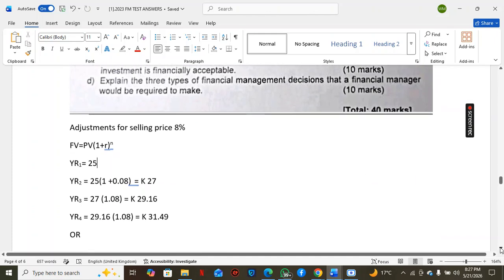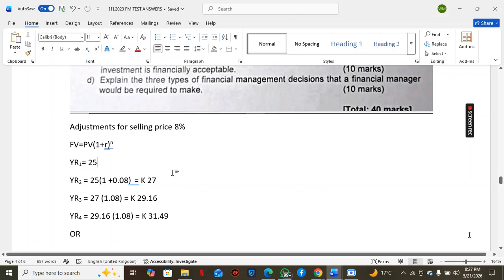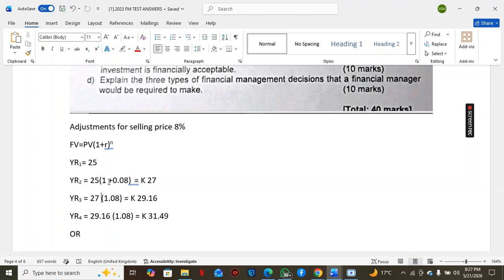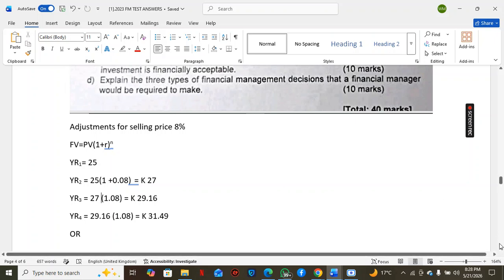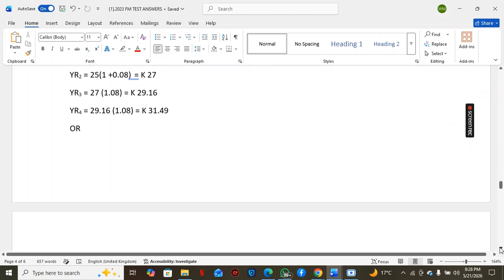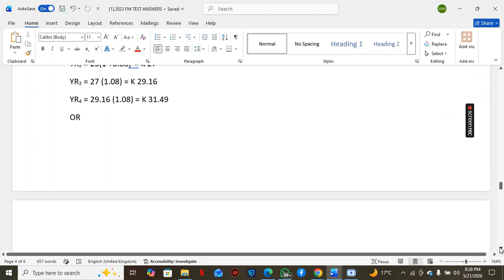So first part, they were making the adjustments for the selling price, 8%. We now go to the variable costs.